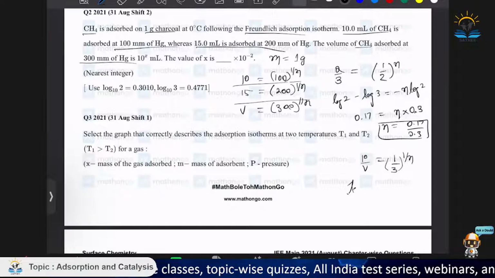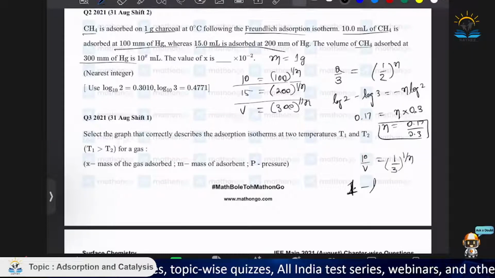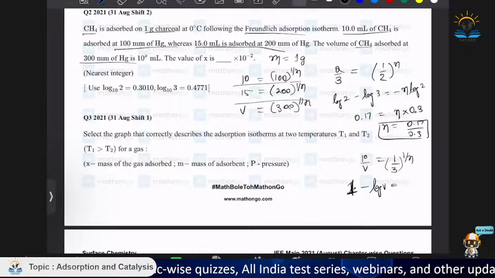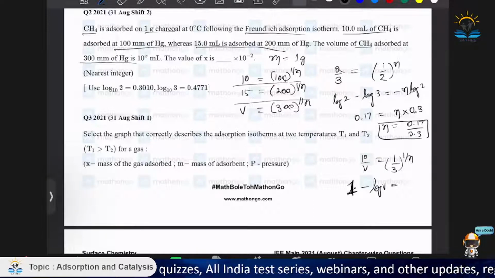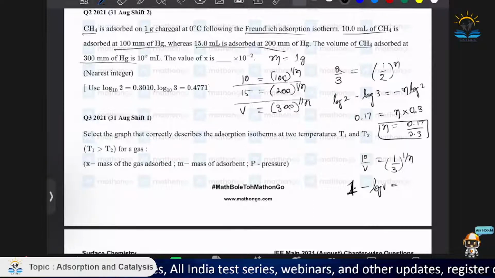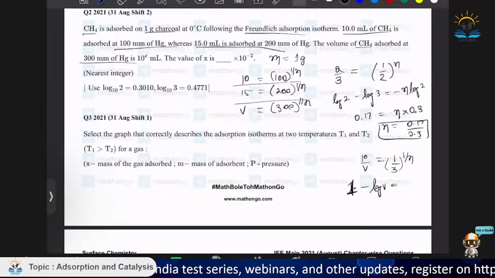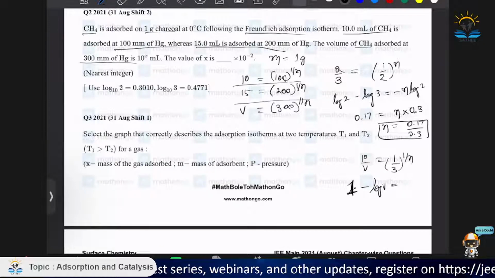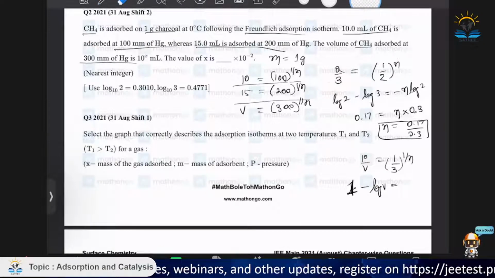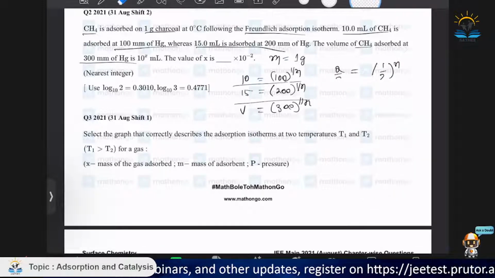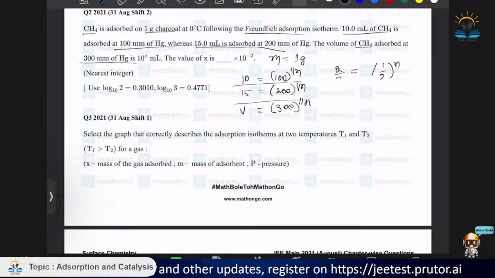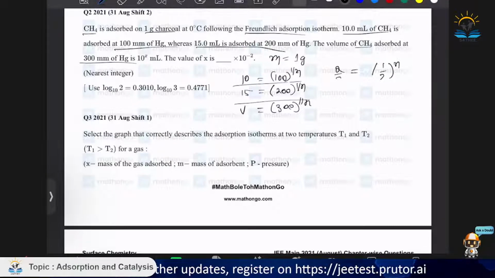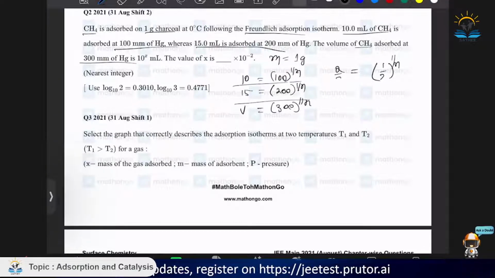Log 10 is 1 minus log V is equal to... oh sorry, a calculation error has been done here. It was 1 by n. Okay, 1 by 2 to the power 1 by n.